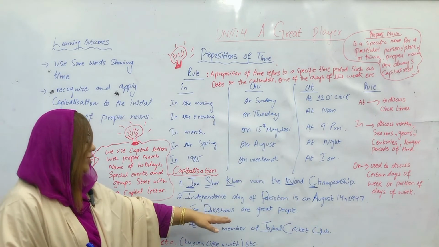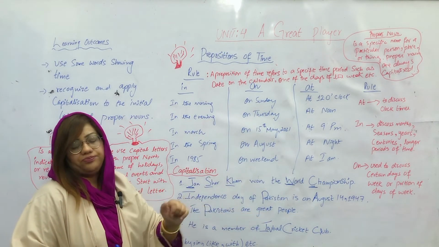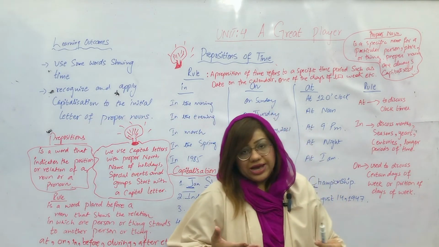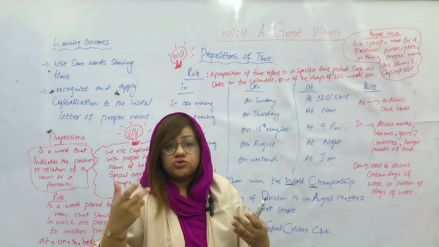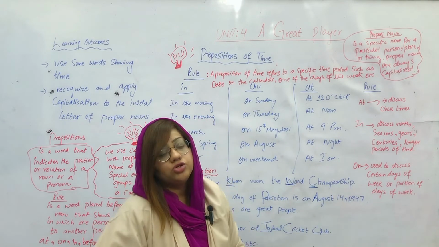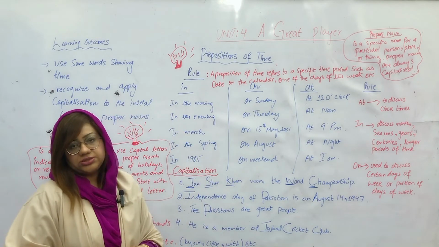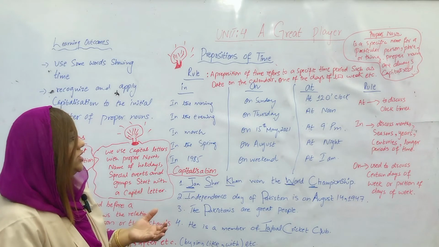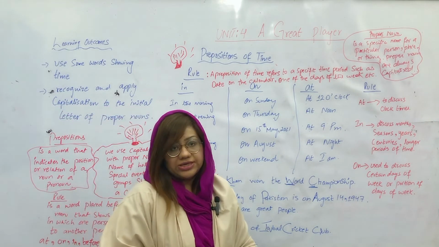He is a member of Iqbal Cricket Club. So in this way, students, we capitalize the important words. We need to highlight these important things, whether it is a place, a thing, or a person, so we need to capitalize it.